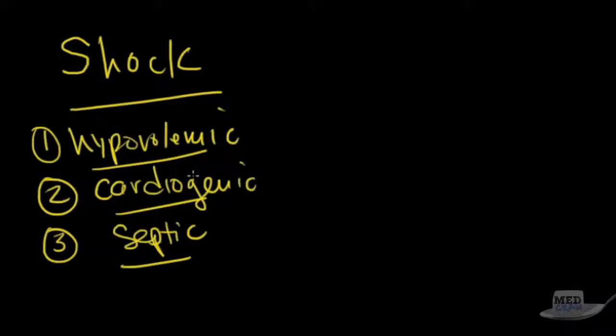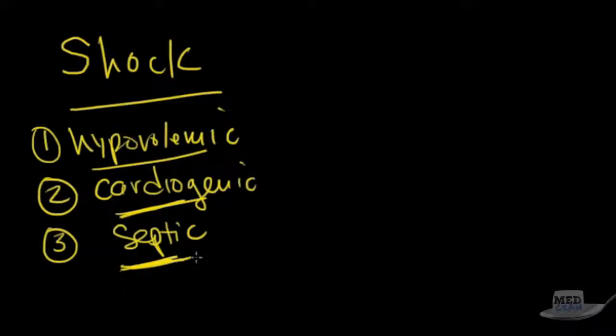And then what will happen is that the target organs will eventually lose oxygen and they will start to fail. Cardiogenic shock is where the heart initially starts to fail. That causes a decrease in blood pressure, decrease in cardiac output, not enough blood getting to the target tissues, lack of oxygen, and shock again.